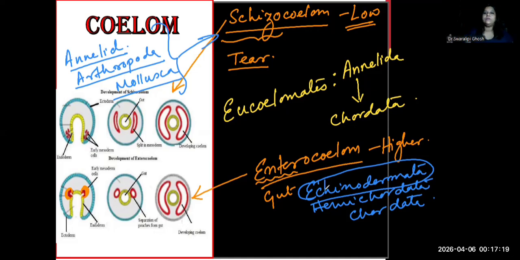Before Echinodermata, bilateral symmetry is found in Annelida and Arthropoda.